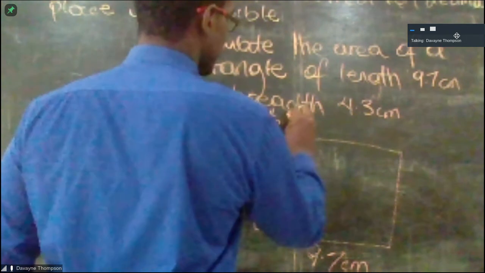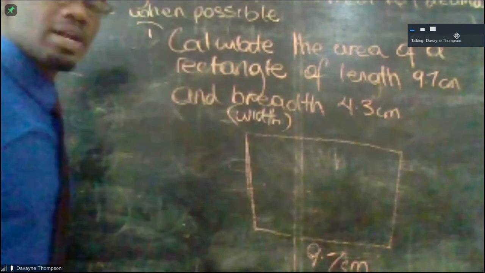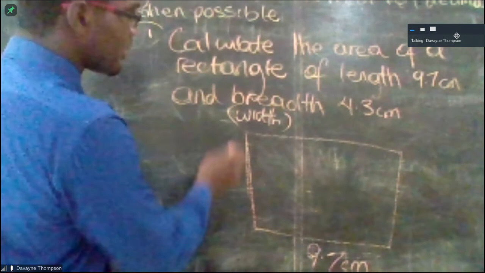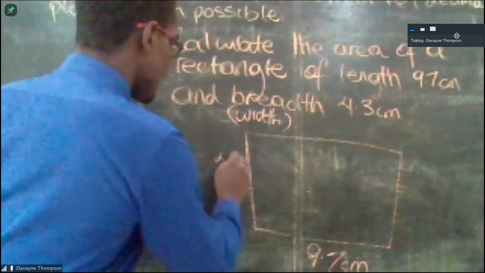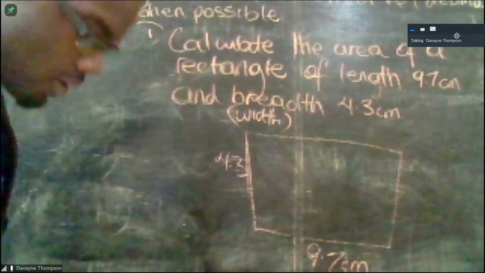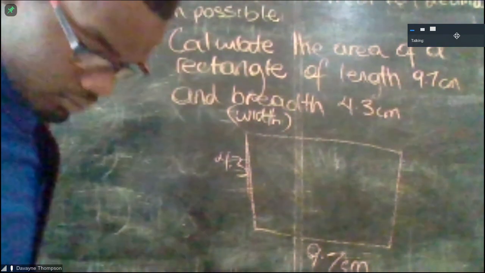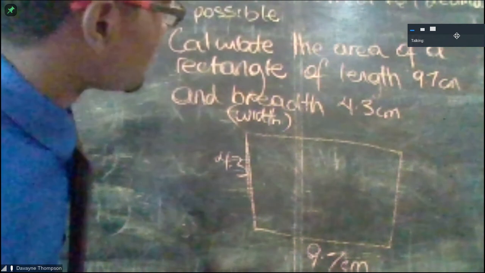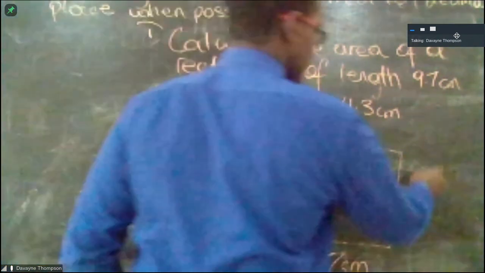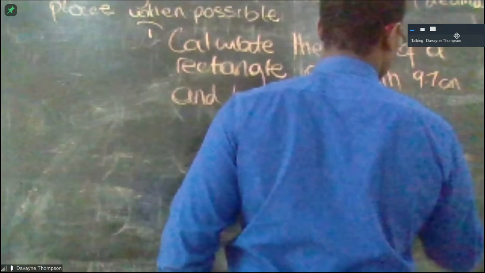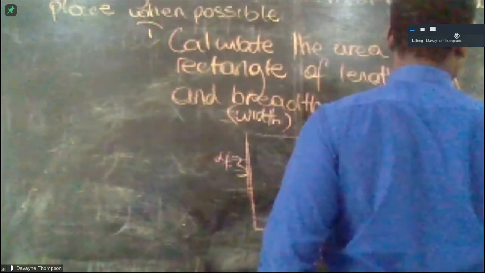So this would be the width of 4.3. Naima, what is the formula for the area of a rectangle? Length times width, that's correct. So we're going to say A is equal to L times W.